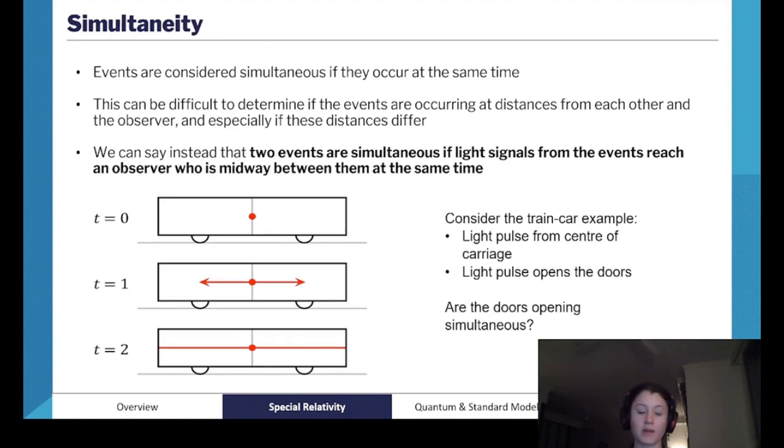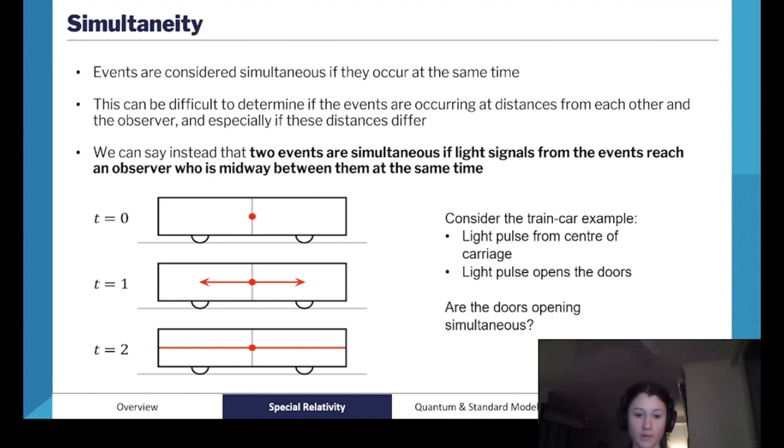So, consider the train-car example. Say we have a carriage shown on the left, and a light pulse is given from the center of the carriage. So, a light pulse, when it hits the end of the carriage, opens a door at either end.